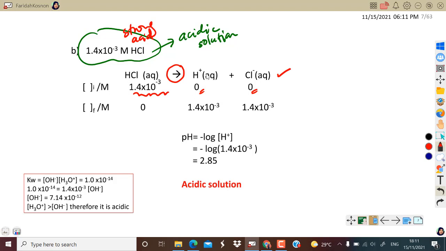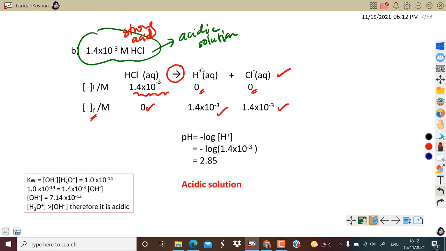Kalau dash tu maksudnya kita ignore. Disebabkan HCl ini adalah strong acid, dia akan completely dissociate. Dia terus habis. So, the final concentration of HCl is 0. Okay, and the concentration of H plus is 1.4 times 10 to the power of negative 3 and Cl minus 1.4 times 10 to the power of negative 3.